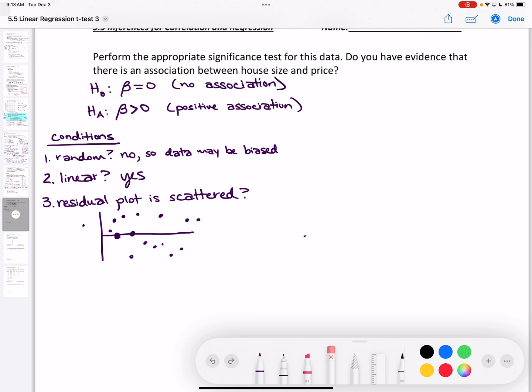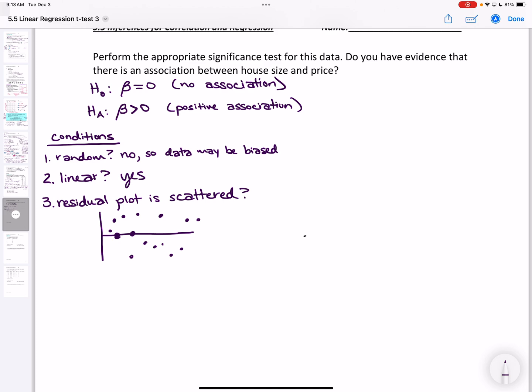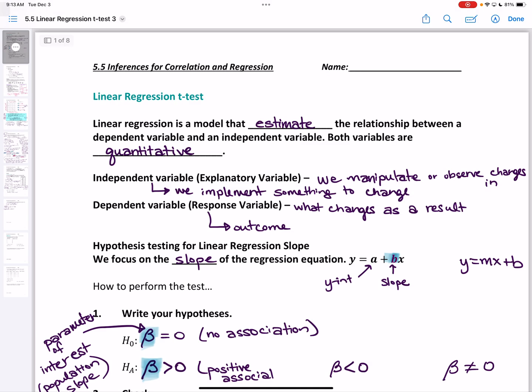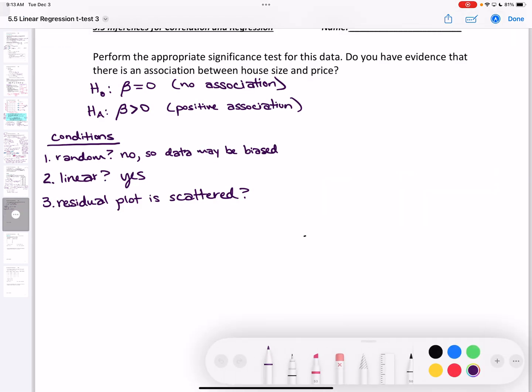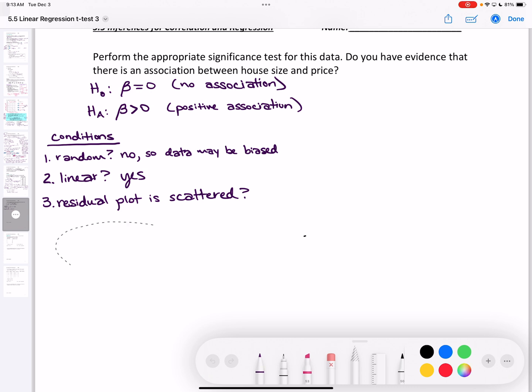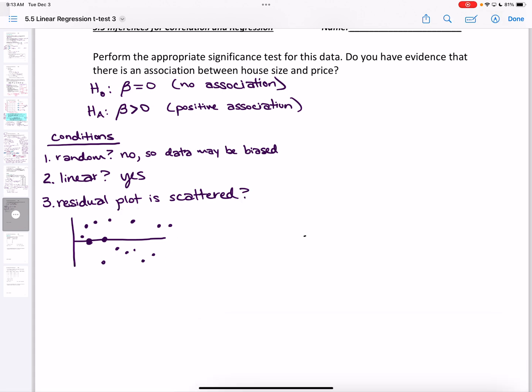There we go. So is it scattered? Yes. So I do want you to draw it in for me, okay? Please don't tell me it did the thing. It totally did the thing. It's a good day. We figured it out. It's okay. Yes. So it is scattered.